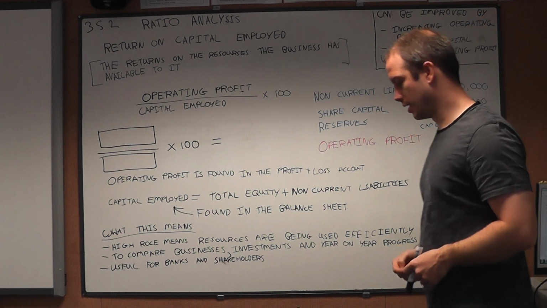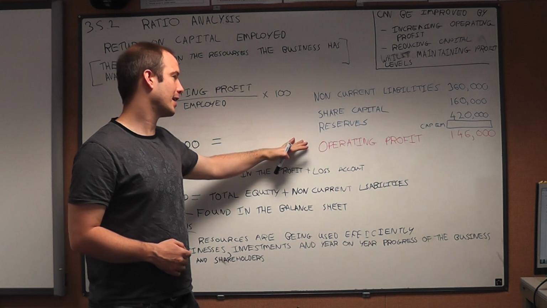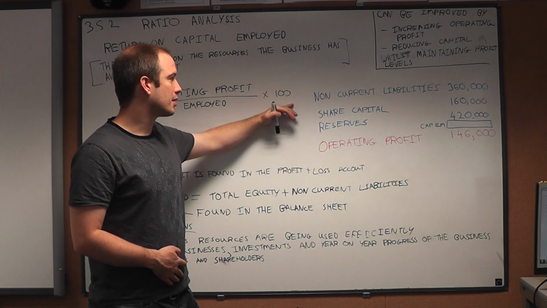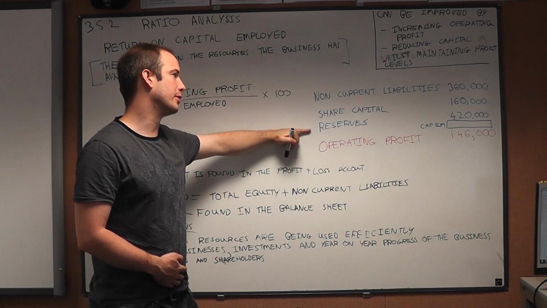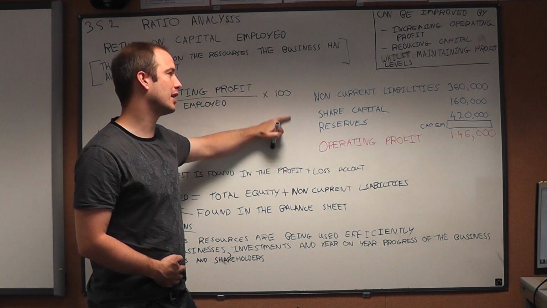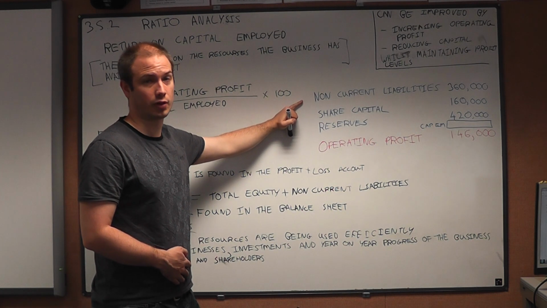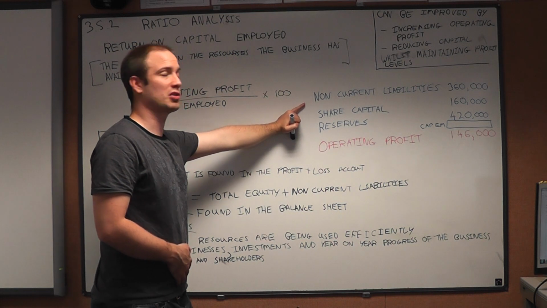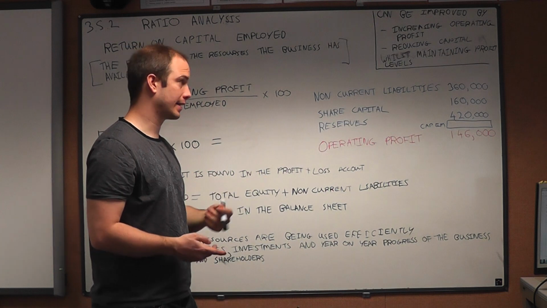I've got some statistics here that I've taken from a textbook from an example business. So we've got our non-current liabilities and our share capital and reserves. These two combined make the total equity, and the non-current liabilities is the long-term debts which have gone into the business, so long-term loans, mortgages and things like that. All of that comes together to make our capital employed.